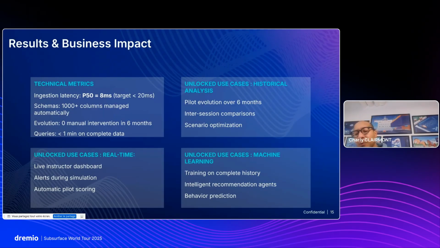Also, we have automatic management of thousands of columns, which helps the customer store data and manage cold, historical analytics later. So we can compare a pilot's evolution over 6 months, identify scenarios where the pilot generates the most errors, and also optimize training programs.